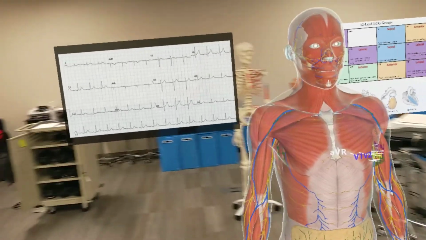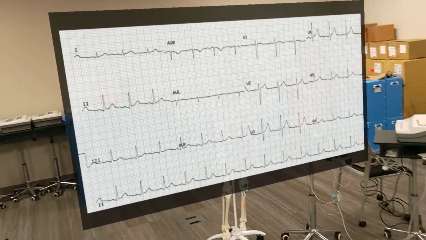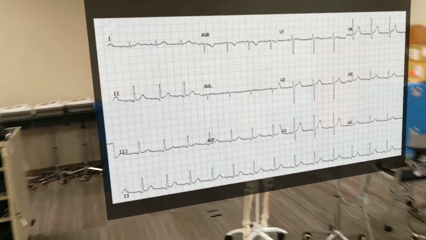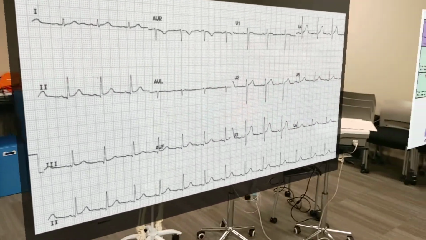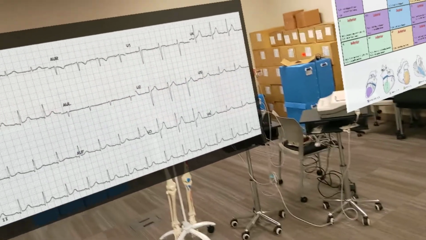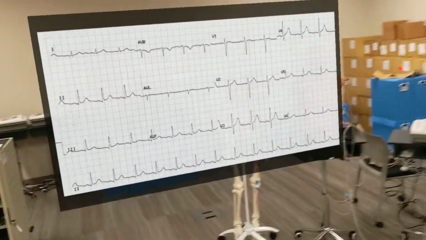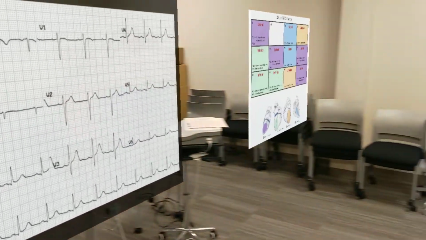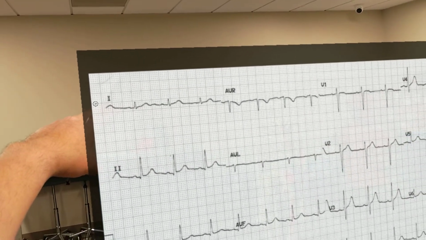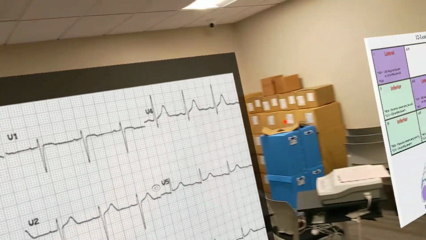So you can see here, this is an actual EKG or an ECG. EKG is electrocardiogram with a K, which nods to its past. It's the German version, EKG. ECG is electrocardiogram, which is more proper English use of the C. So you can see here you have your lead 1, lead 2, lead 3, AVR, AVL, AVF, V1, V2, V3, V4, V5, V6.